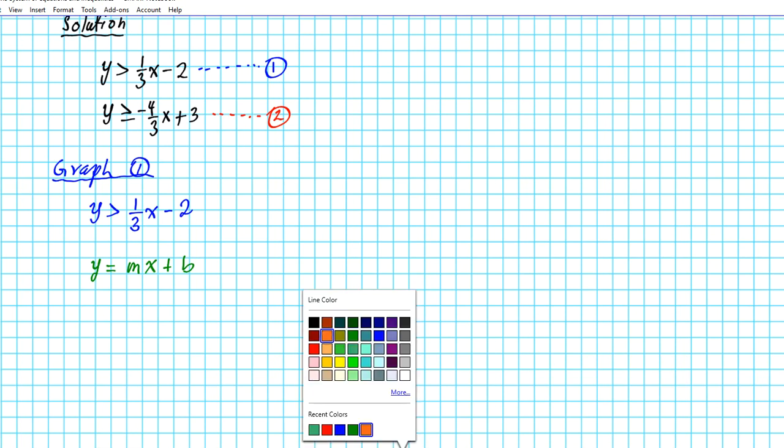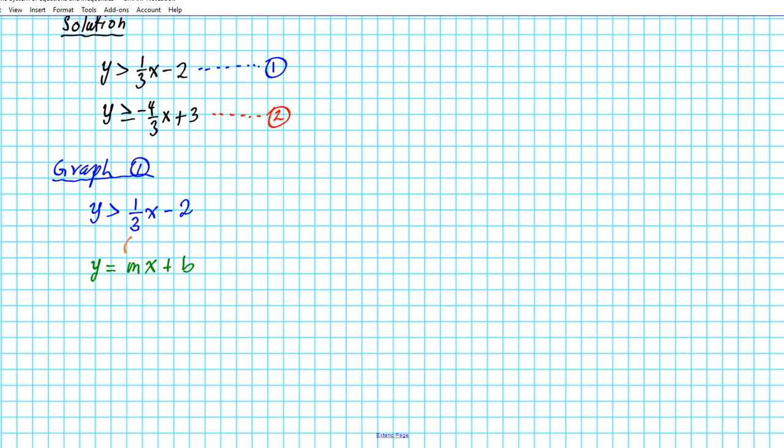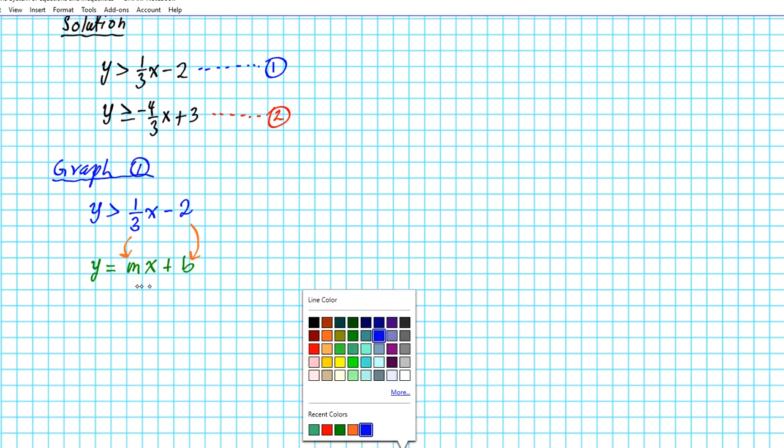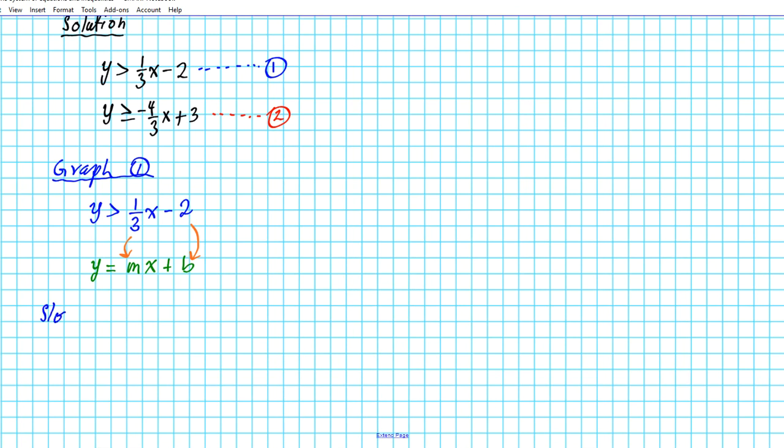As you can see here, the slope is the coefficient of x, which is 1/3, and the y-intercept is negative 2. Let's go ahead and write that down. So our slope, which is m, is given by 1/3. So what does this mean in the context of the graph?